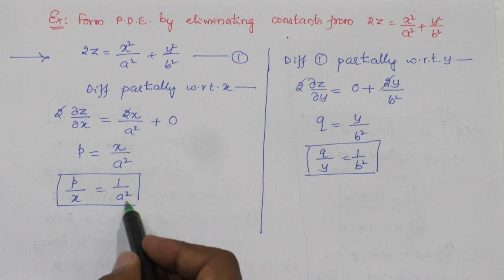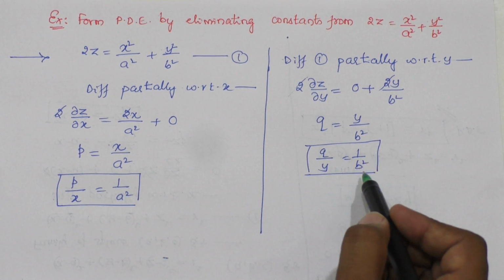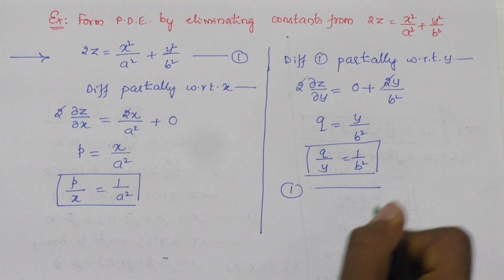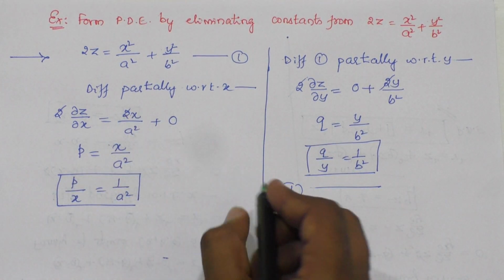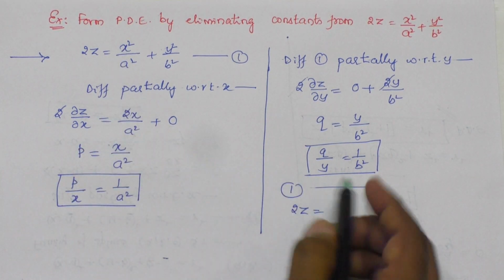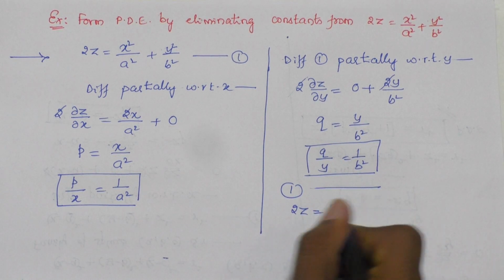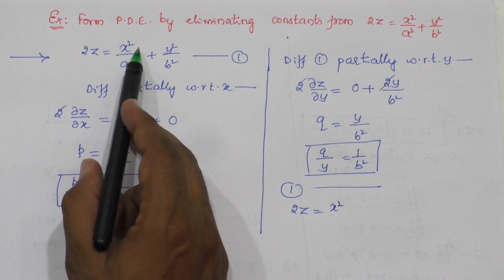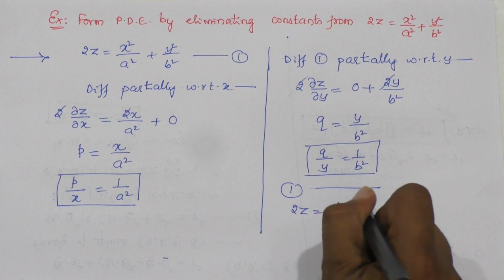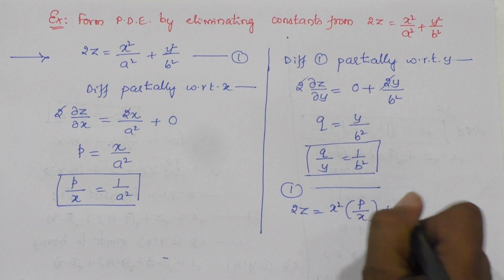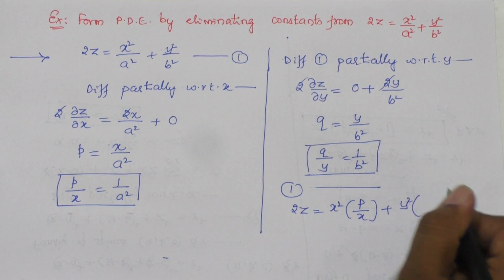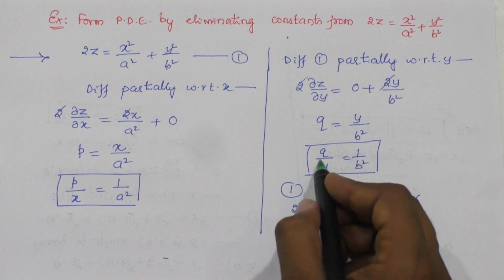Now we have expressions for 1 by a square and 1 by b square, so we substitute in 1. From equation 1, 2z equal to x square into 1 by a square, which is p by x, plus y square into 1 by b square, which is q by y.